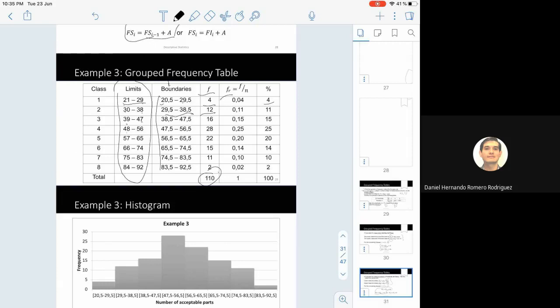We have 25% of the observations. The eighth class, which represents the values of the variable between 83.5 and 92.5, will be the class with the lowest frequency here. Only 2% of the observations are located within that class.